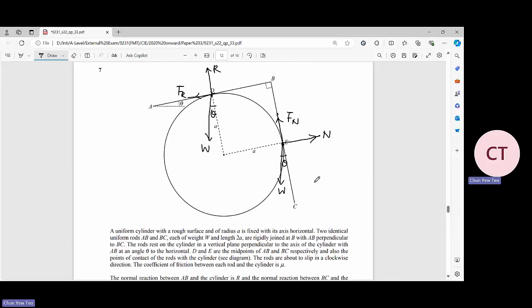Then we try to resolve forces along the rod AB.